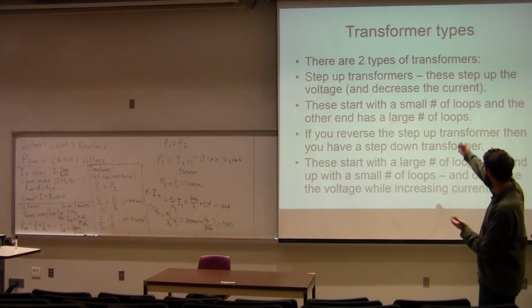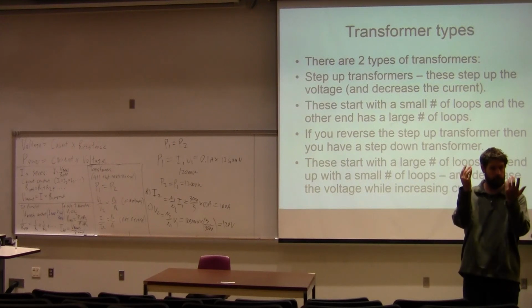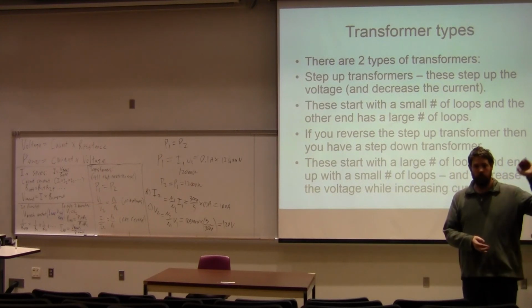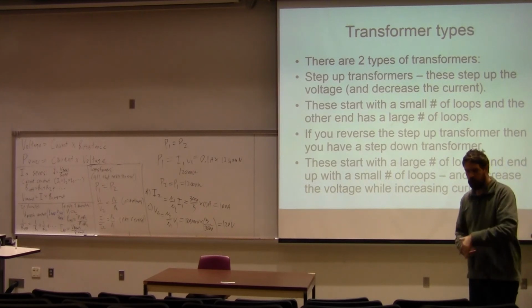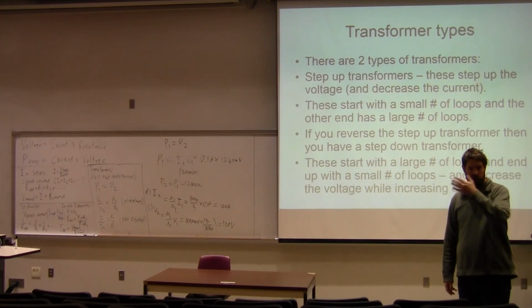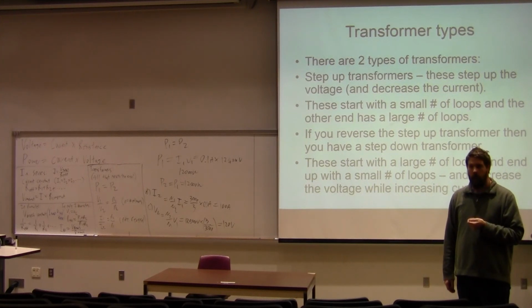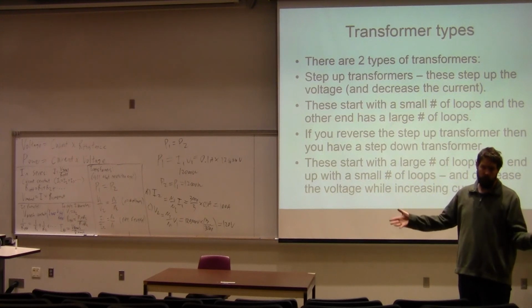Then you have a step-up transformer, because you're stepping up the voltage. If your voltage goes from high to low, so V1 is higher than V2, you're going down in voltage, then you have a step-down transformer, because you're stepping down the voltage. And that's as complicated as transformers get. Like I say, they're more than meets the eye.